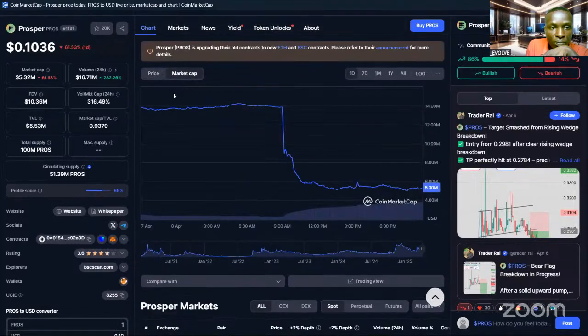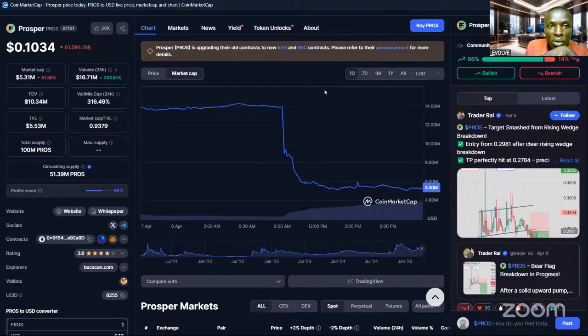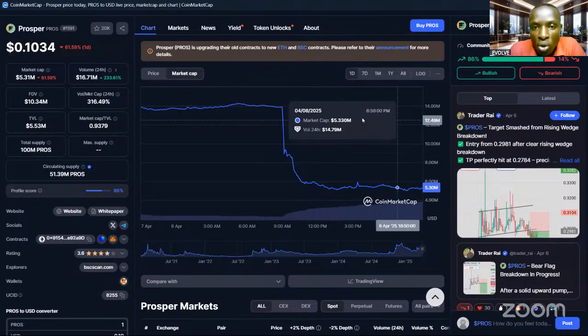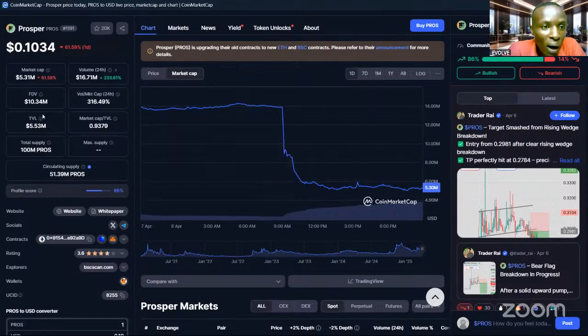So $5.3 million left it. But do you know, if I had invested this money in a more strong project, even if 5 million left it, it would not feel a significant change. But because this coin had small money in it, 5 million was equivalent to 61%.